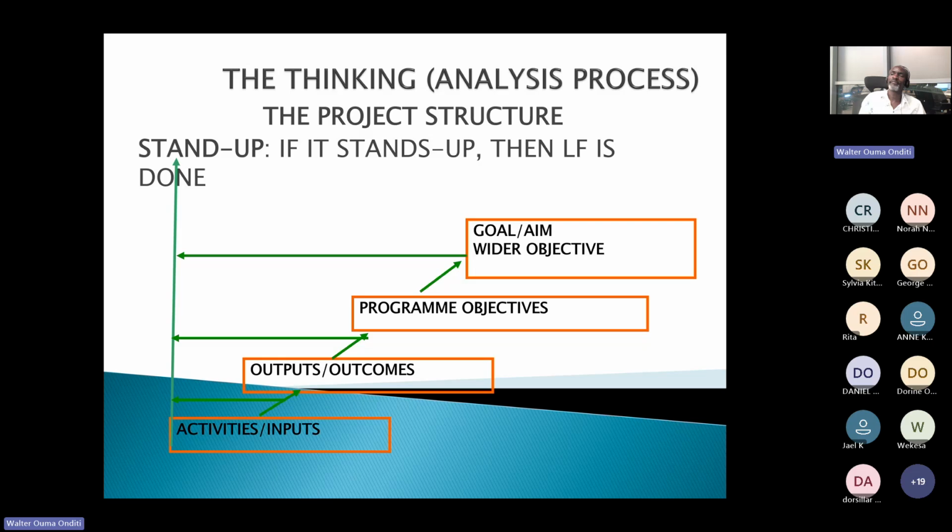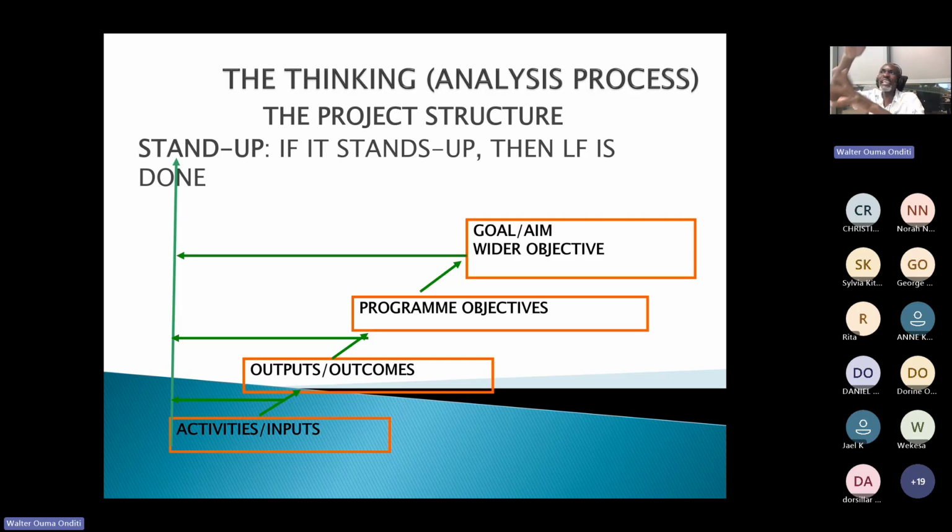Now, see it here. This is the implementation approach. So the thinking analysis, think of this the vertical way. This is the vertical thinking that I've just talked about. So in this case, what are we saying? Look at it. We are saying, does it stand up in terms of the implementation? In other words, remember you plan downwards and now you are trying to operationalize, check whether that thinking is really okay.